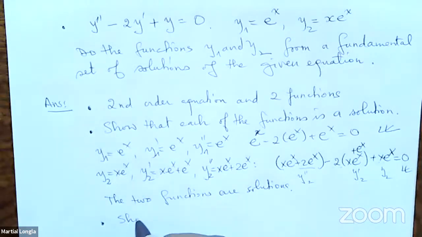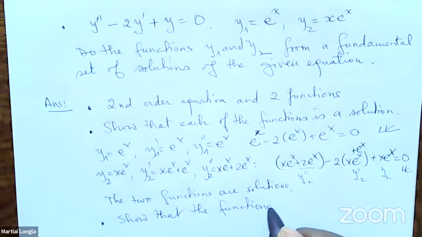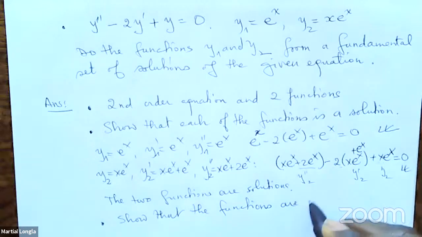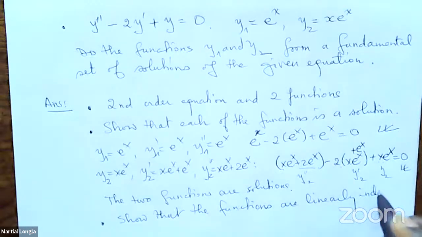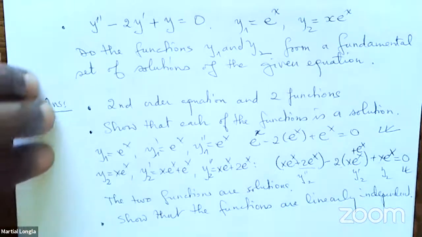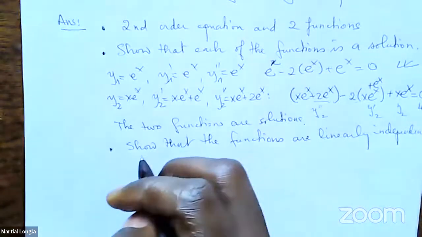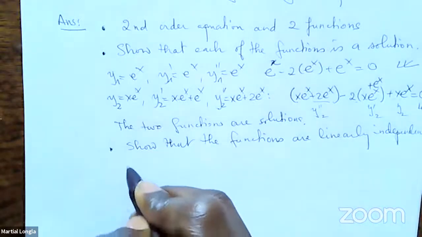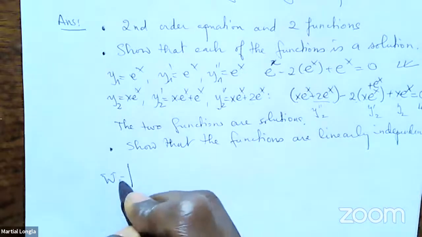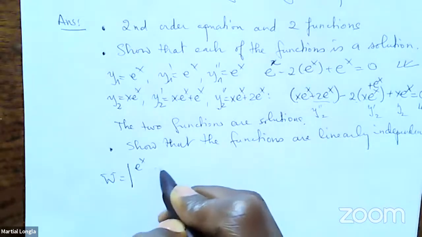You need to show that the functions are linearly independent. And to show that the functions are linearly independent, well, you find the Wronskian W, that's e to the x, x e to the x, derivative e to the x, x e to the x plus e to the x.